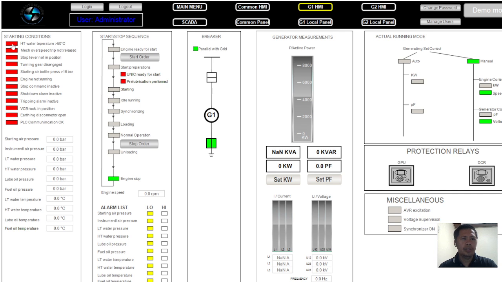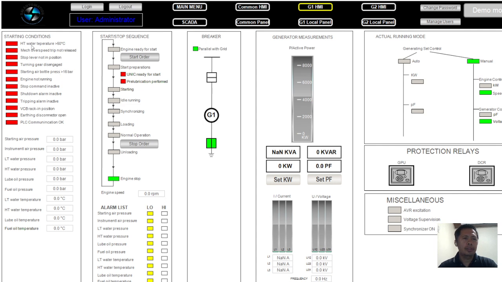As we can see, there are starting conditions here prior to starting the engine. These conditions must be achieved so we can start the engines. Otherwise, the engine will not start, or the genset will not start.